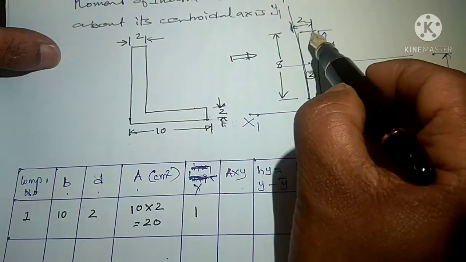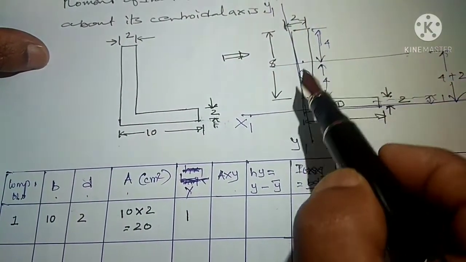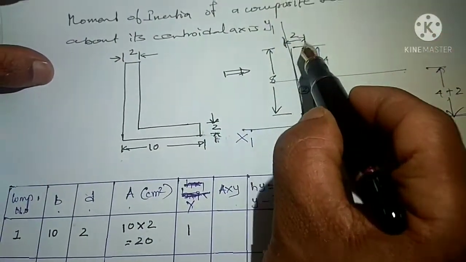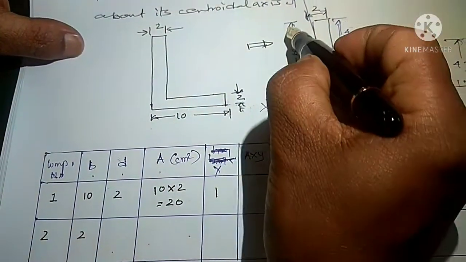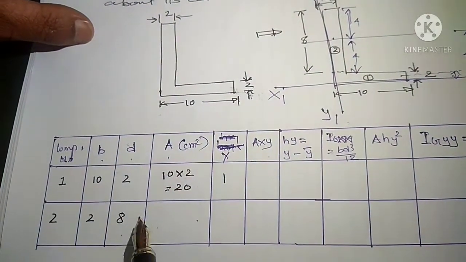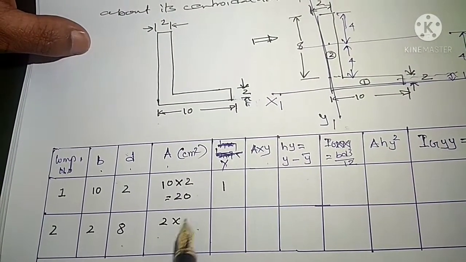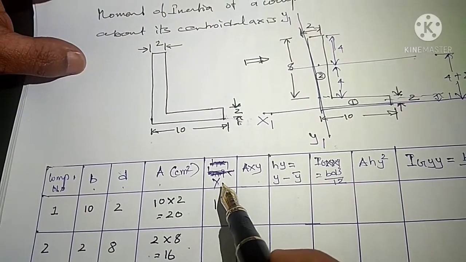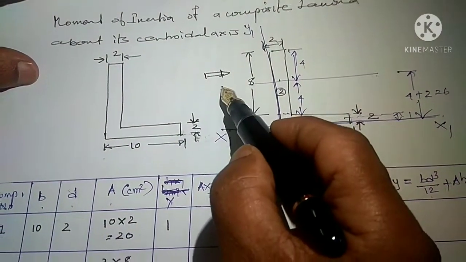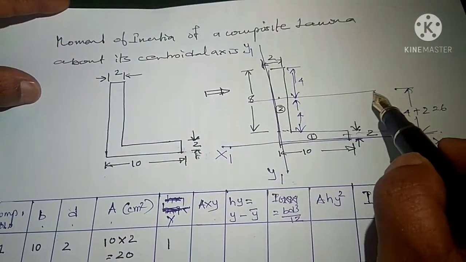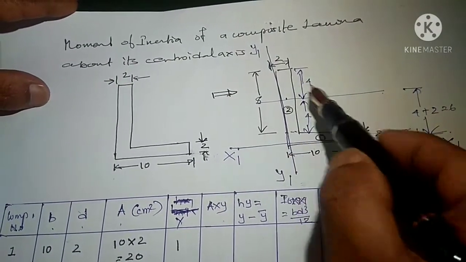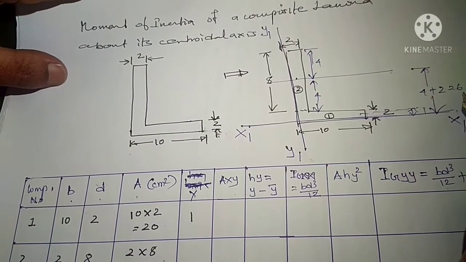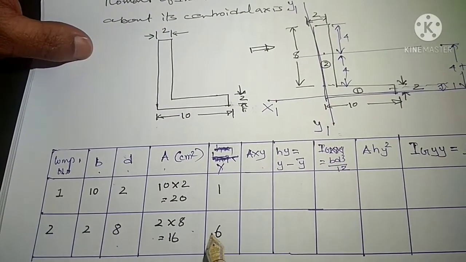Similarly, for the second component, b is 2 and d is 8. Therefore, area is 2 into 8, which is equal to 16. The y value is the distance between the horizontal centroidal axis of the second component and the reference axis x1. So it is 4 plus 2, which is equal to 6.